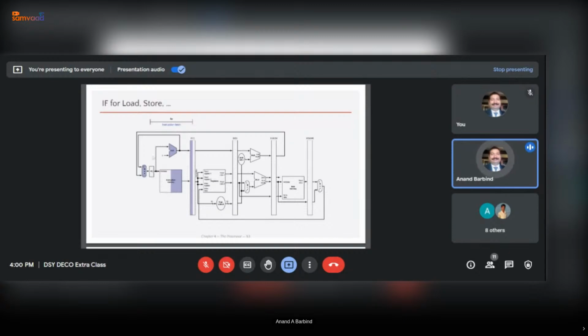So what will happen when the LW instruction comes for execution? It will be fetched. After the instruction is fetched, at the end of that particular cycle, the fetched instruction will be stored into this pipeline register. It will be stored only after the instruction is fetched, that is, the cycle is completed.